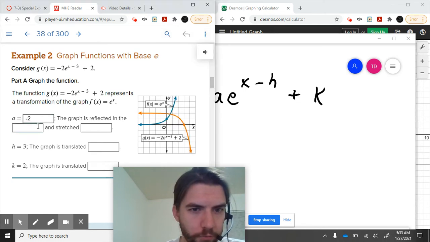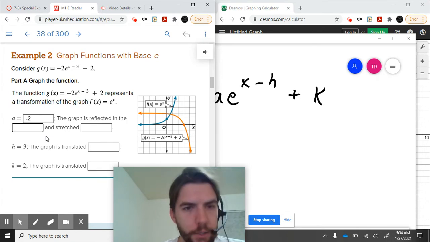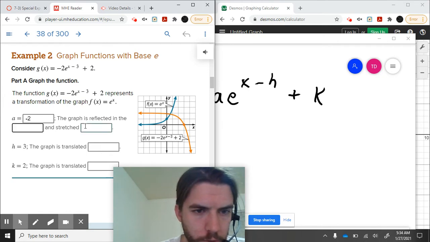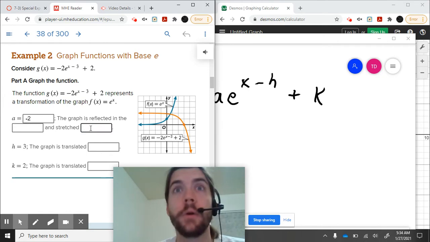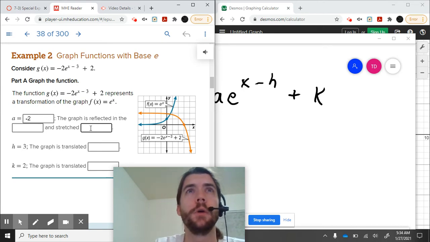Okay, the graph is reflected in the, well, what does that mean? Reflected in the what? And stretched by a factor of 2. I'm not sure what they're looking for on all those. Let me just look at the cheat sheet over here.